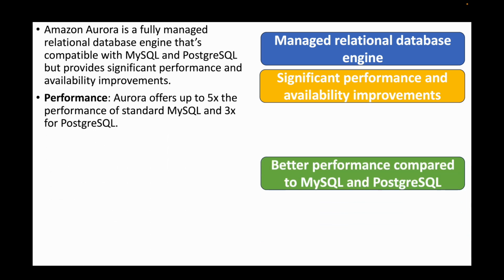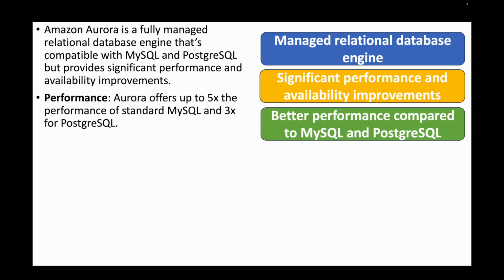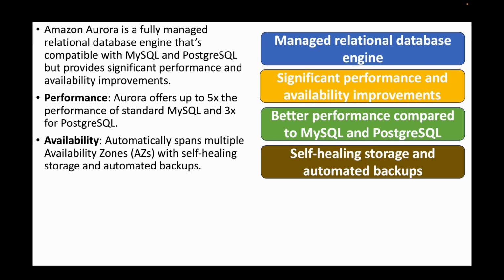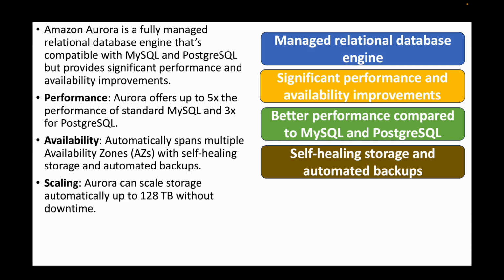In terms of performance, it gives you 5 times better performance compared to MySQL, and 3 times better performance compared to PostgreSQL. In terms of availability, it automatically spans across multiple availability zones, and it also has a self-healing feature and automated backups.